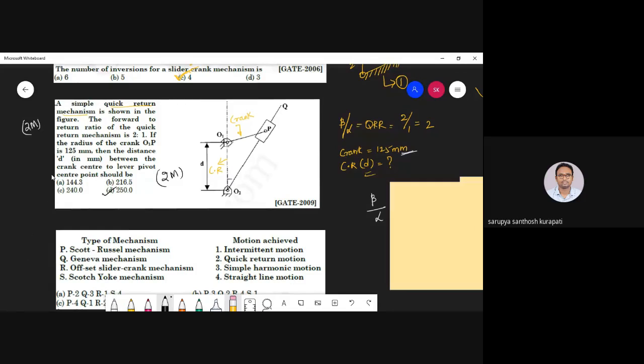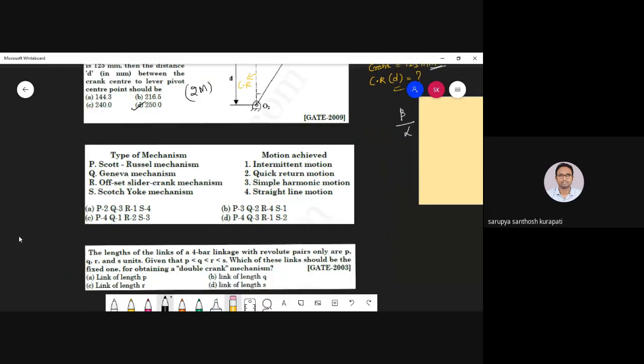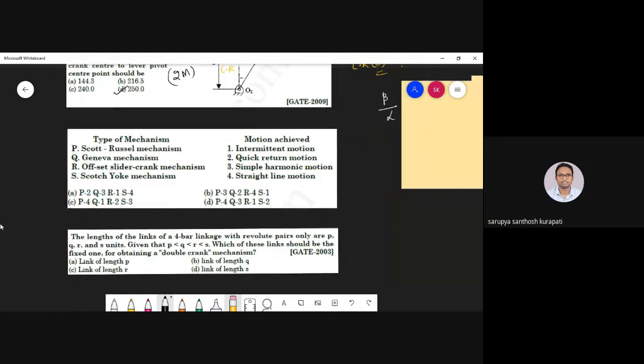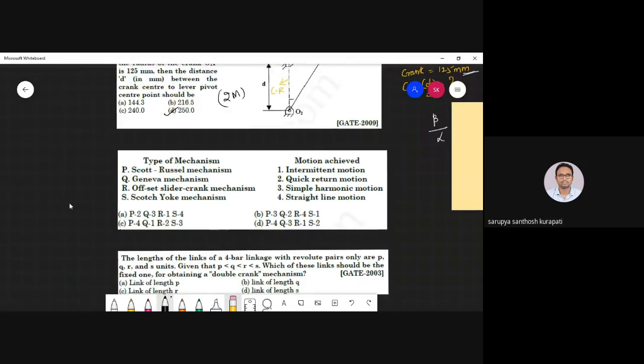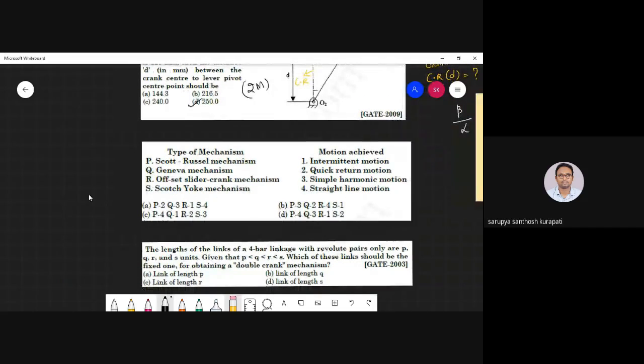Okay, so next question. He's asking you to match the following. The type of mechanism he gave and the motion achieved he gave. P, Q, R, S. What is P? Scott-Russell mechanism.